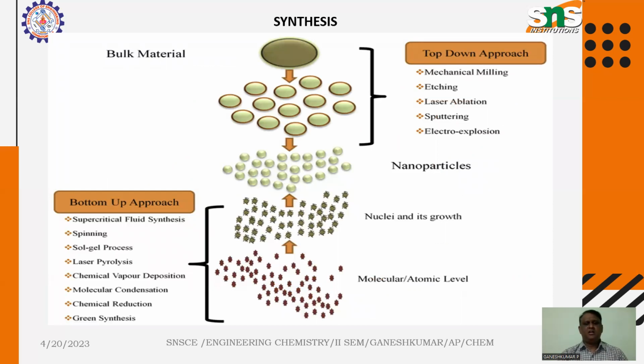Top-down methods are of several types: mechanical milling, etching of a material, laser ablation, sputtering, electro explosion. The bottom-up approach has supercritical fluid synthesis, spinning, sol gel process, laser pyrolysis, chemical vapor deposition, that is CVD, molecular condensation, chemical reduction, and green synthesis.